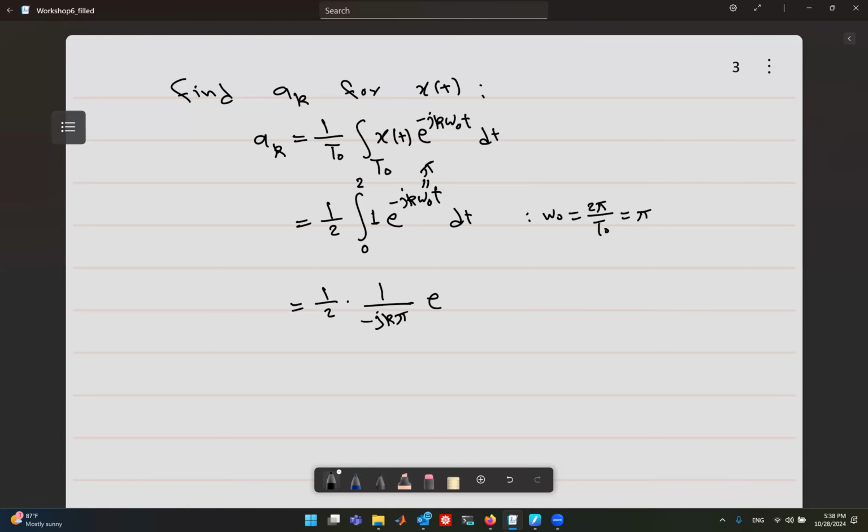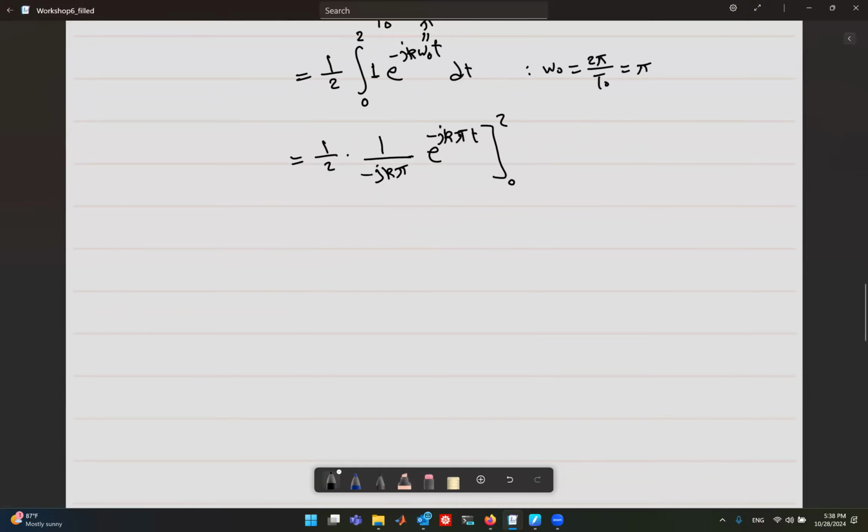And then exponential minus jk pi t between 0 and 2, which is 1/2 times minus 1 over jk pi times exponential minus jk pi times 2 minus exponential minus jk pi times 0.